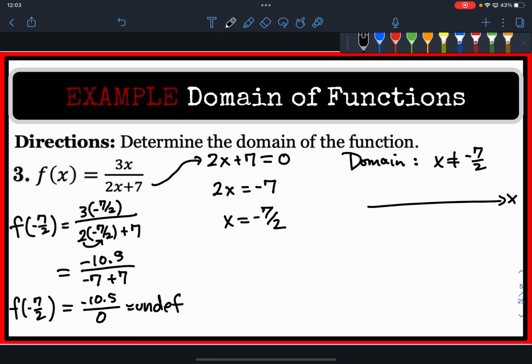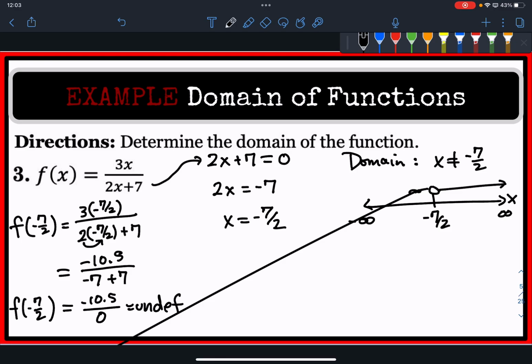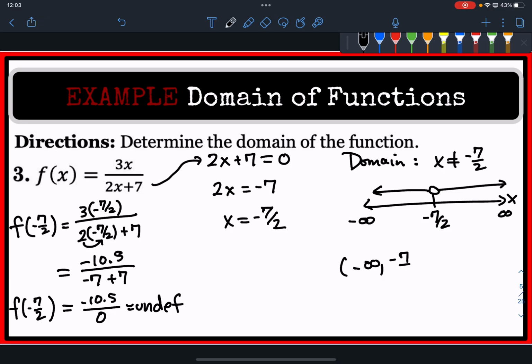And as a number line, that looks like this. And as an interval, how I expect you to write your answer, this is what that looks like. So it looks like that.